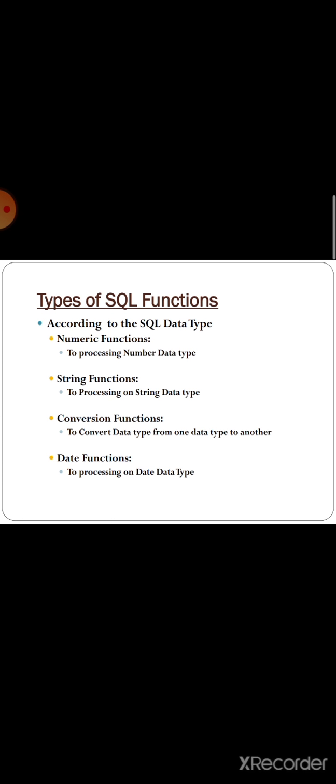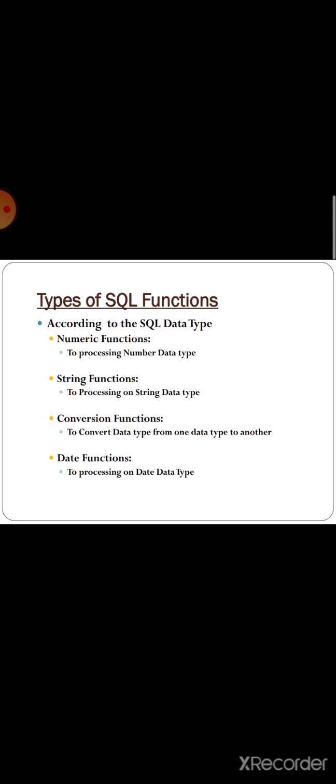Next type is classified based on the SQL data type. Okay, based on the SQL data type, again we can have some classifications. In that, the first one, numeric functions, second one, string functions, third one, conversion functions, next one, date functions. Okay, so numeric functions are going to process on numeric data types, and then string means we know that processing will be on string data types.